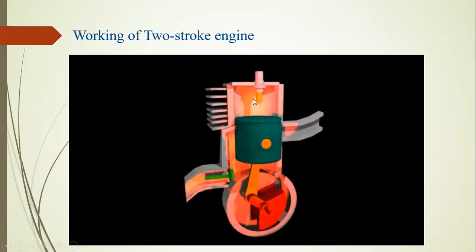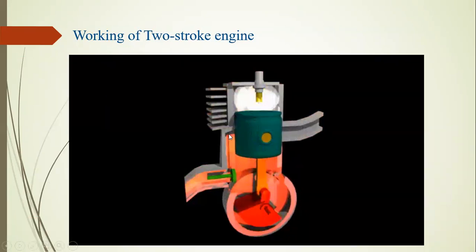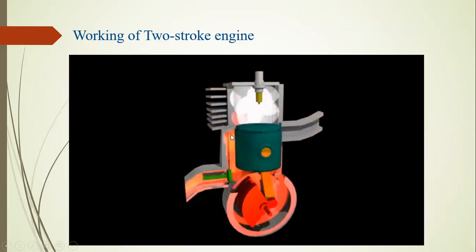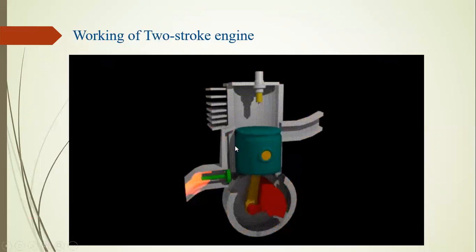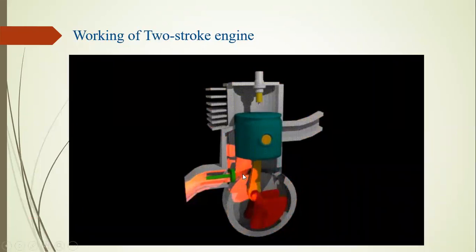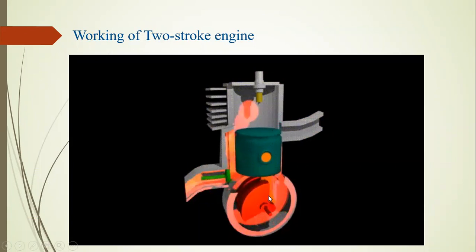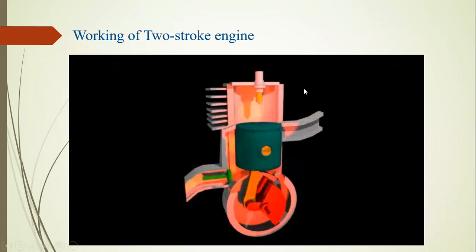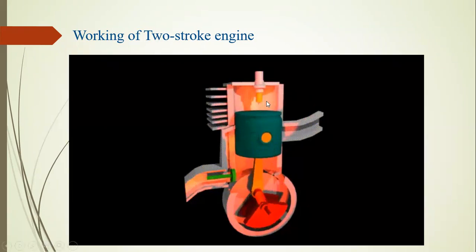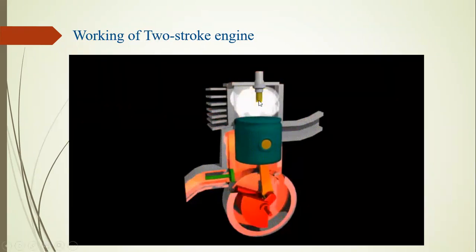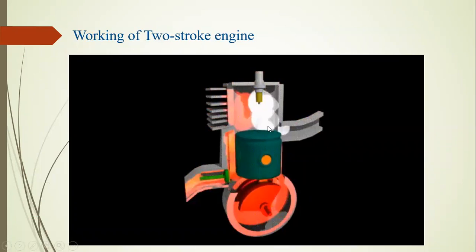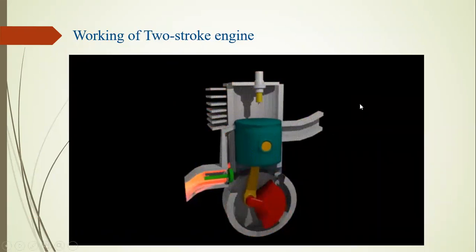A spark plug is given on the top side, and this vertical portion is the transfer port. When the piston moves upward, the fuel charge enters the crankcase. Then the piston moves upward, the fuel charge is ignited by the spark plug, and then it exhausts from the exhaust port.